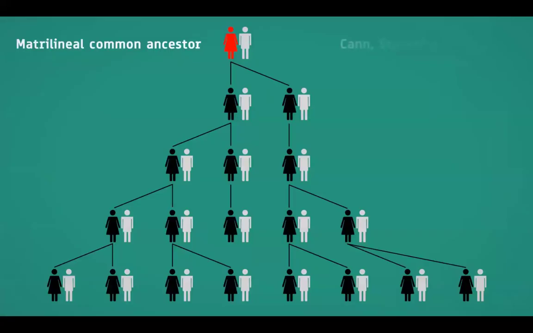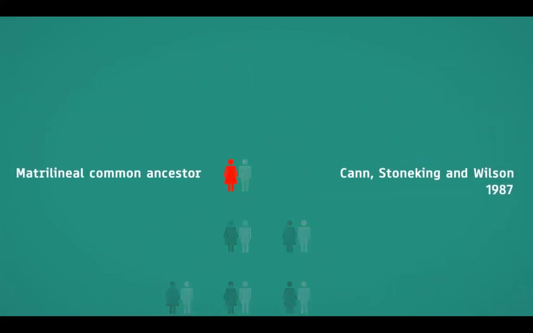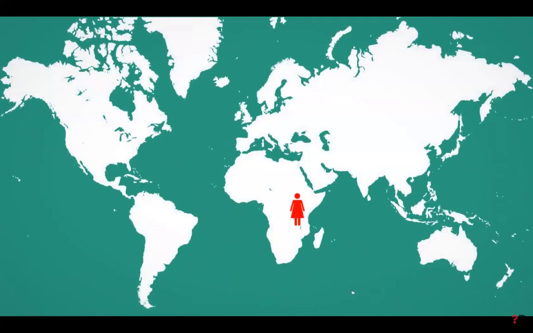This is exactly what Kahn, Stoneking, and Wilson did in 1987 and found out that, in fact, all humans alive today do have a common female ancestor who probably lived about 200,000 years ago in Africa. They named her Mitochondrial Eve.